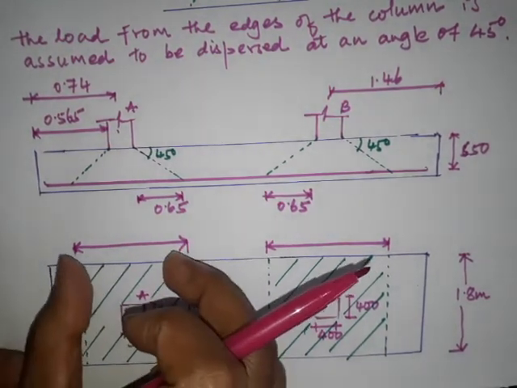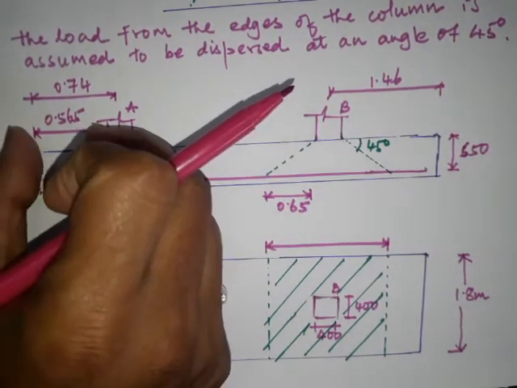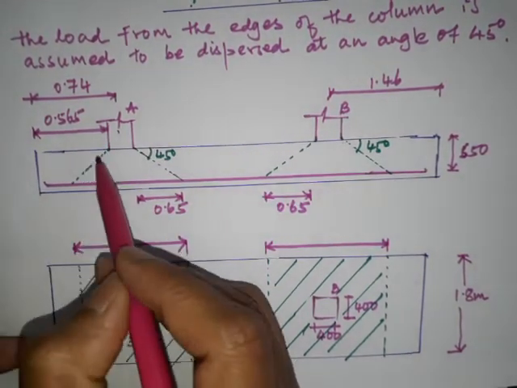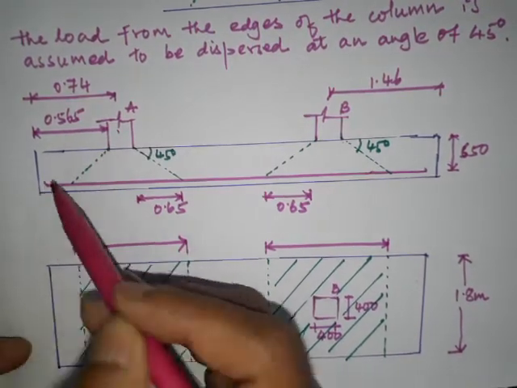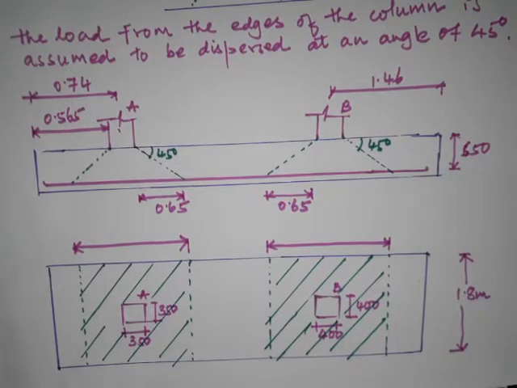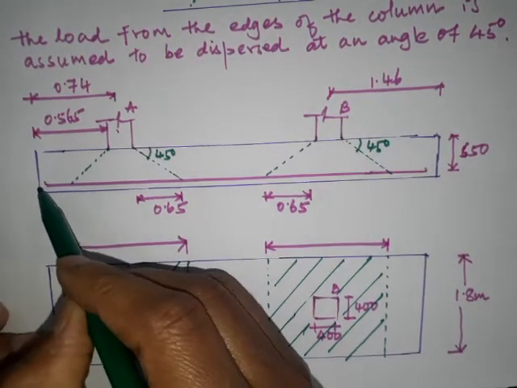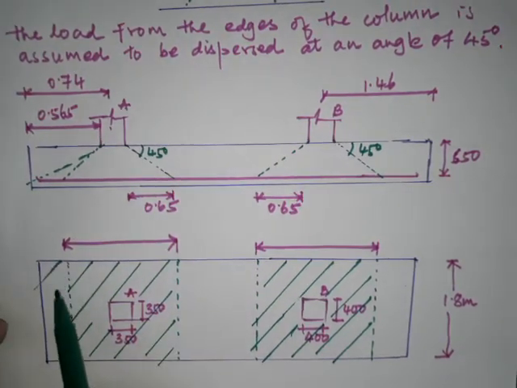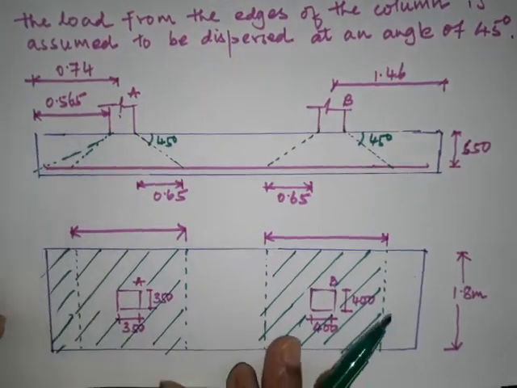So the total width available is 0.565, so the dispersion will go out here. You have to make a small correction here, so I'll do it here only. So this should be how much? I have to make it a little bit like this, okay, this is wrong, so it will come out of this.